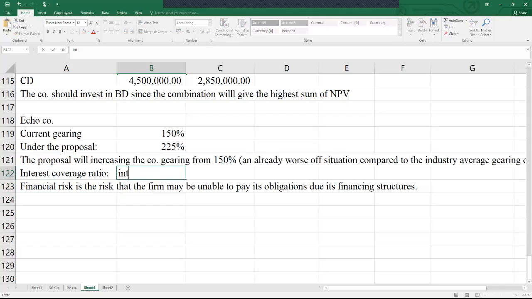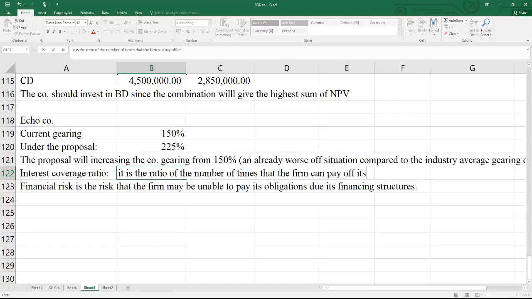The interest coverage ratio is the number of times the firm can pay off its interest from its profit or from its earnings.